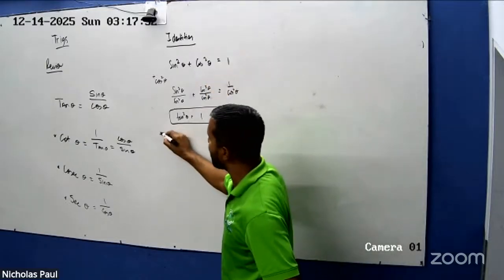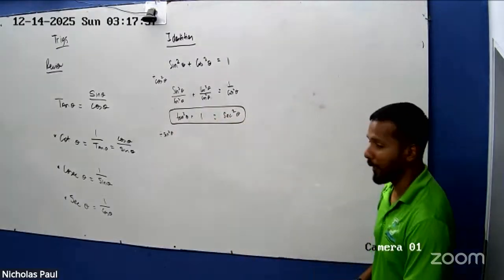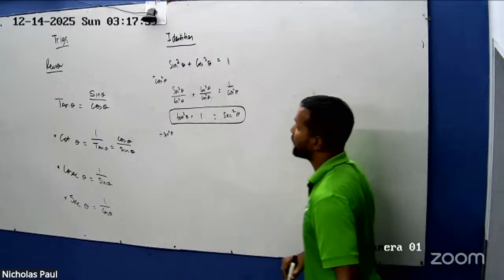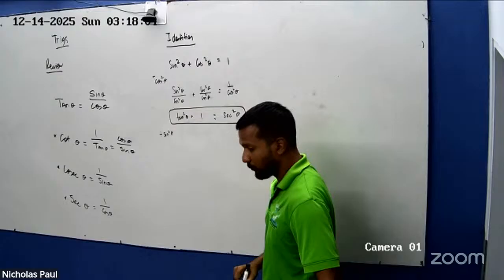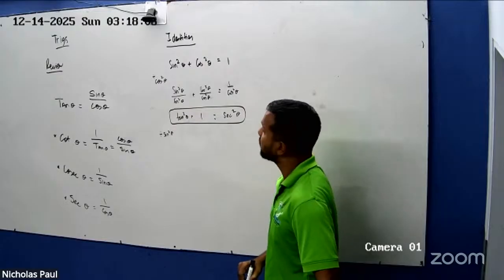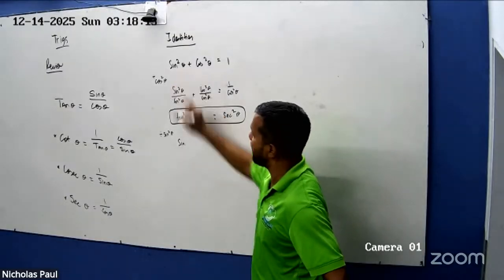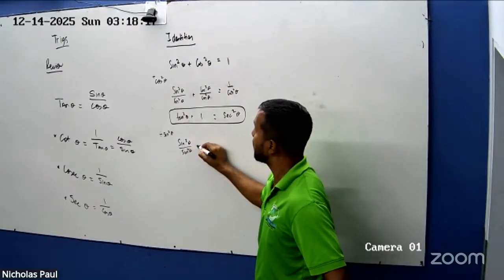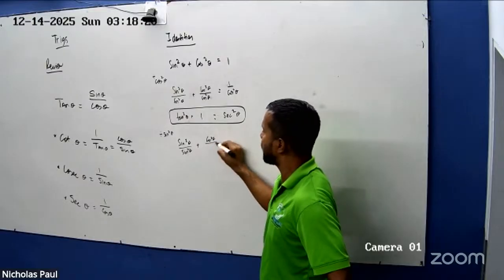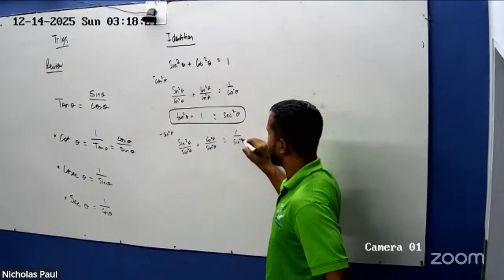What would happen if we divide by sine squared? Tell me what you will get. Divide by sine squared. What you'll end up with. Right? So you divide the same thing. You'll get sine squared on sine squared plus cos squared on sine squared, 1 on sine squared.